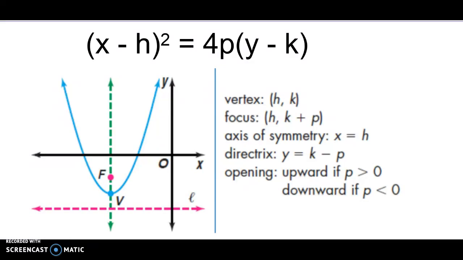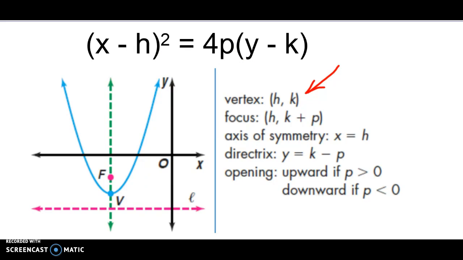Before we do that, actually, if you want to copy this down, these are the formulas that go with a parabola that opens up and down. All right, so your vertex now is still h and k, but remember now they're both being subtracted in this case, so it's kind of like that circle formula. It looks more like a circle formula the way that it's written.